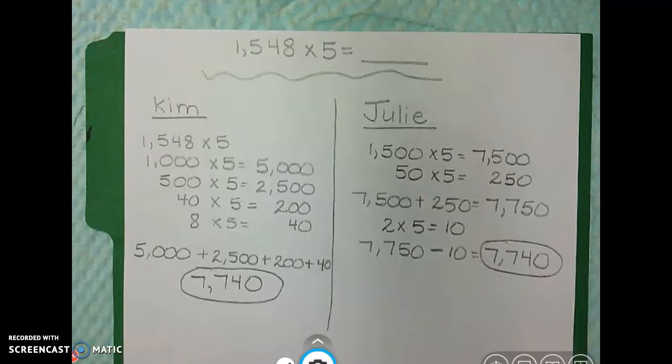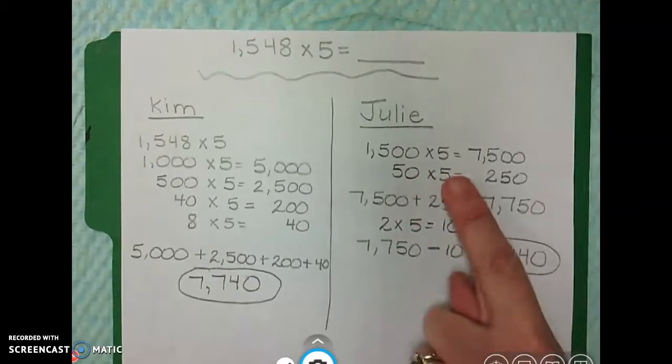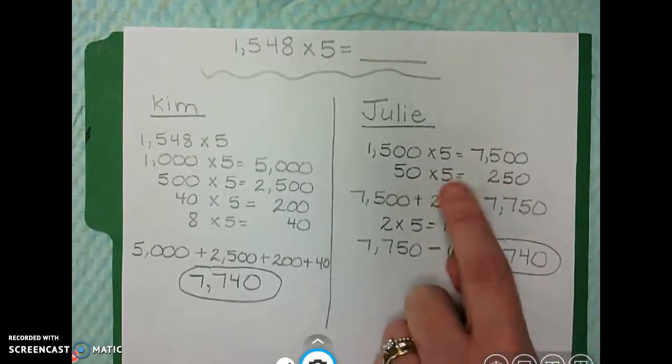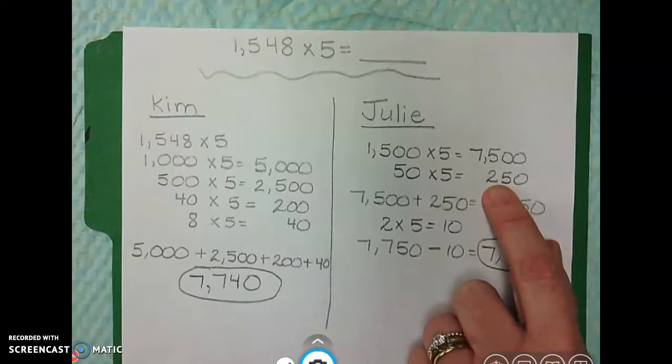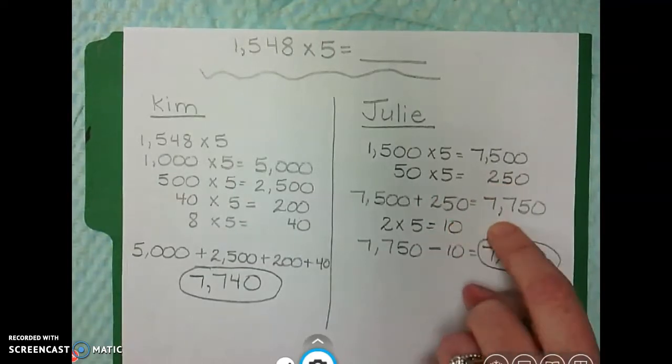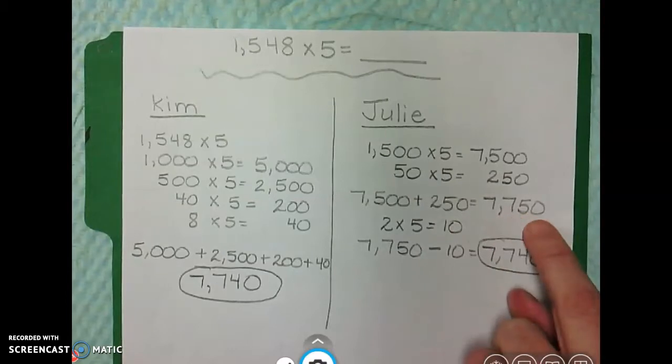All right, let's look at how Julie broke it up. So Julie says, I did 1,500 times 5, and that gave me 7,500. And then I did 50 times 5, and that gave me 250, which all together, when you add that, gives you 7,750.